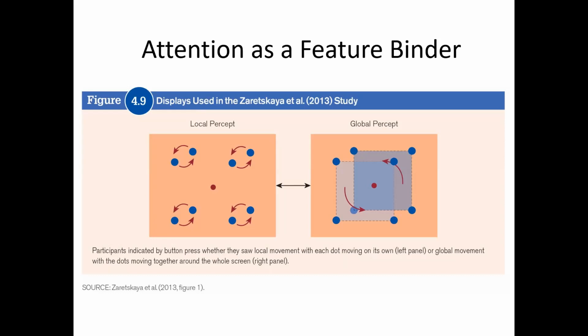So go ahead. So that might be the local. And then with the global movement, the local movement is saying that each dot is moving on its own, or the global movement is that the dots are all moving together around the entire screen. So if you didn't see this, maybe get even closer to that red dot and really focus on that.